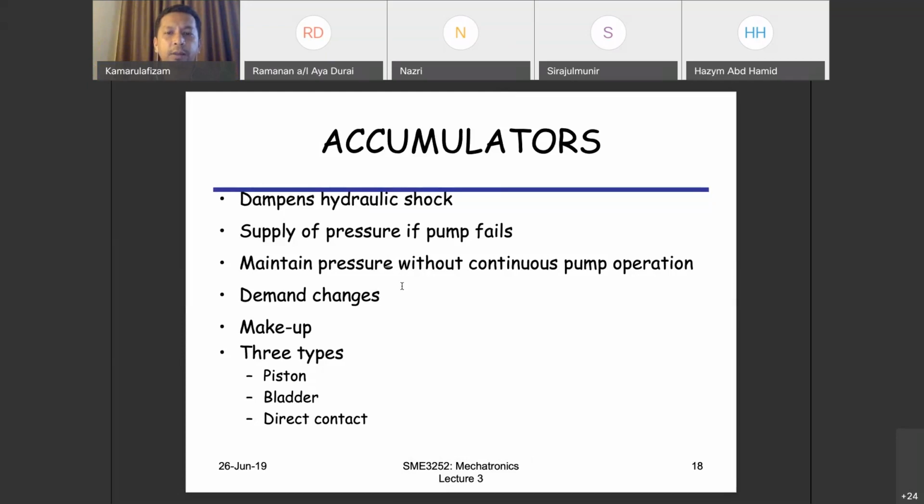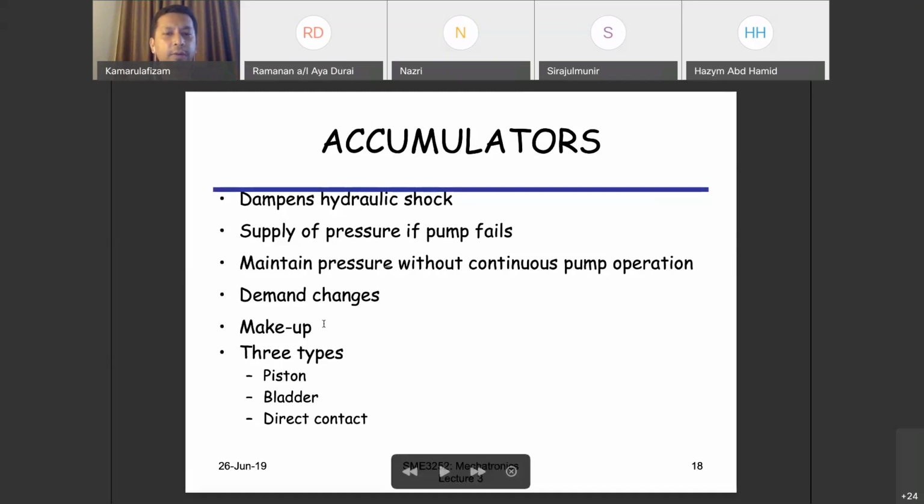So sama juga, accumulator to become like a temporary pressure storage dalam tu. So bila pump dah bagi full pressure, then pump boleh berhenti, accumulator yang akan supply the pressurized fluid ataupun oil tadi kepada actuator.